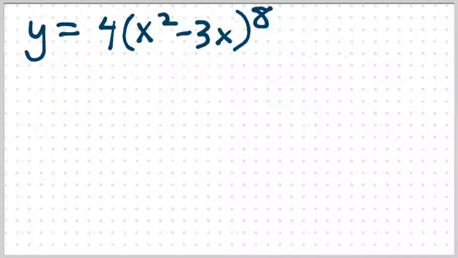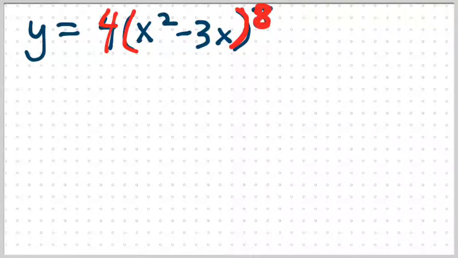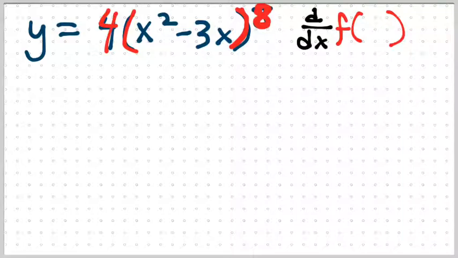Moving right along. No more trig. What we have here is a classic chain rule problem, where f, the outer function, is this, and the inner function I'll leave there in blue. So this is the chain rule, the derivative of f of g of x.